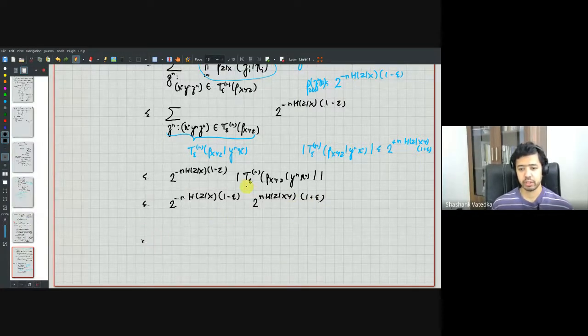If I just simplify the exponent, I get 2 to the minus n times h of z given x minus h of z given xy, plus epsilon h of z given x, plus epsilon times h of z given xy.